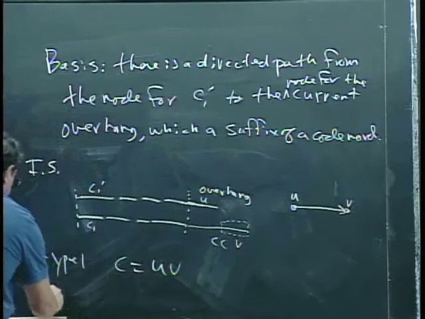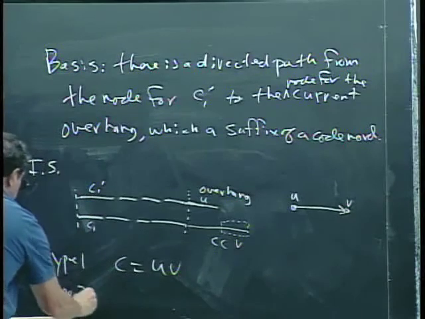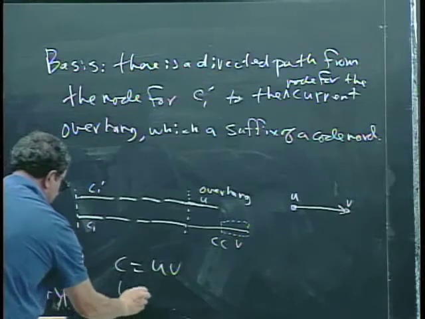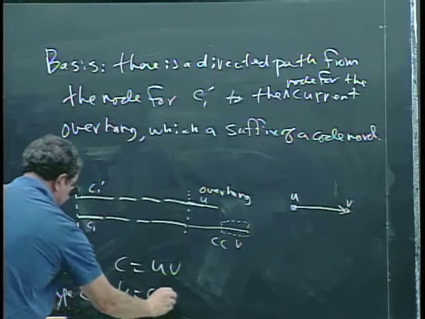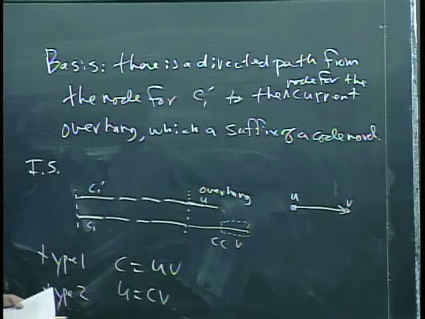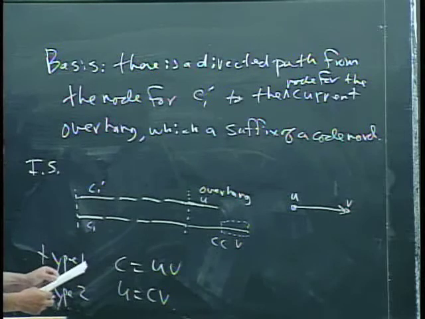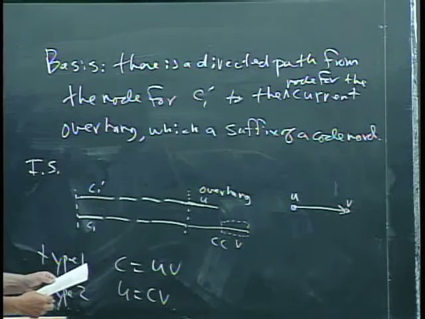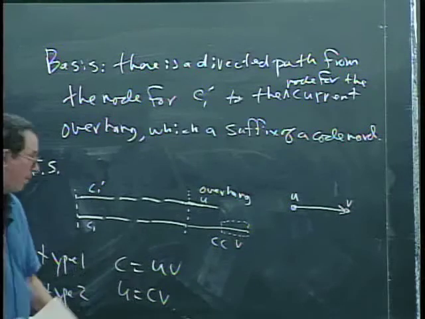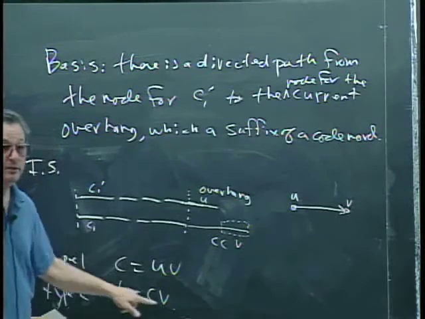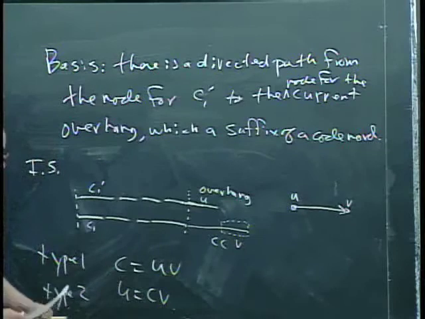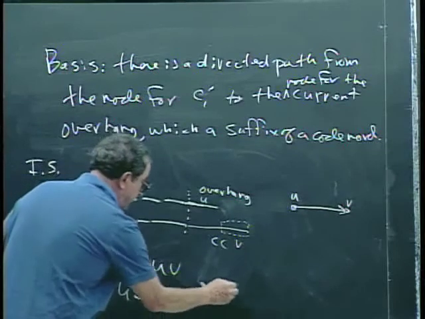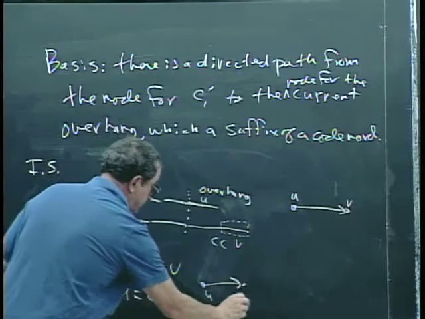And we have type 2, where U is equal to CV. U and V are definitely suffixes of code words.